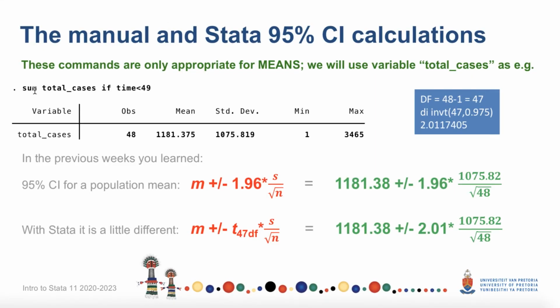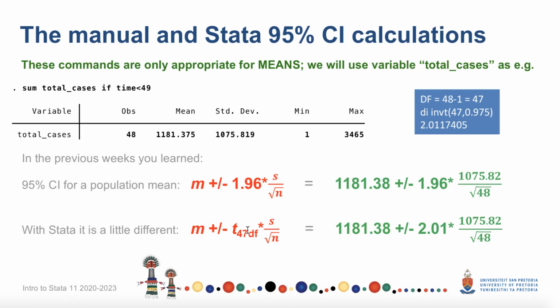Now, in the last couple of weeks, you learned how to calculate these confidence intervals manually, and you used this formula here. You see that you multiplied s over the square root of n by 1.96. Today, in Stata, you're going to instead use t with 47 degrees of freedom rather than 1.96.